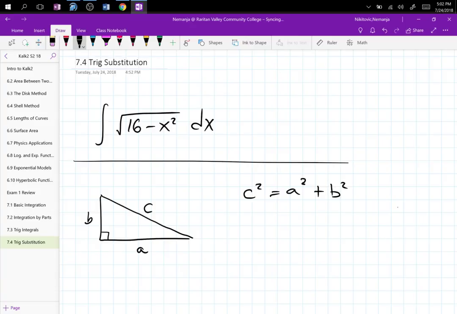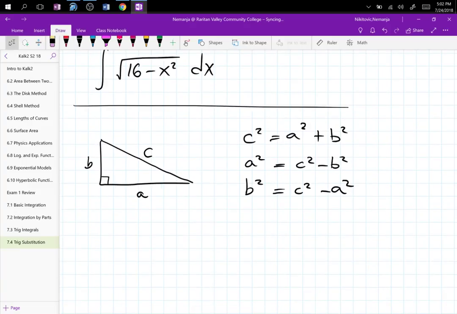Now I'm going to solve this formula for a squared, which is c squared minus b squared, and for b squared, which is c squared minus a squared. Remember that lengths are always positive, right? These formulas give rise to three formulas. One says c is equal to the square root of a squared plus b squared.